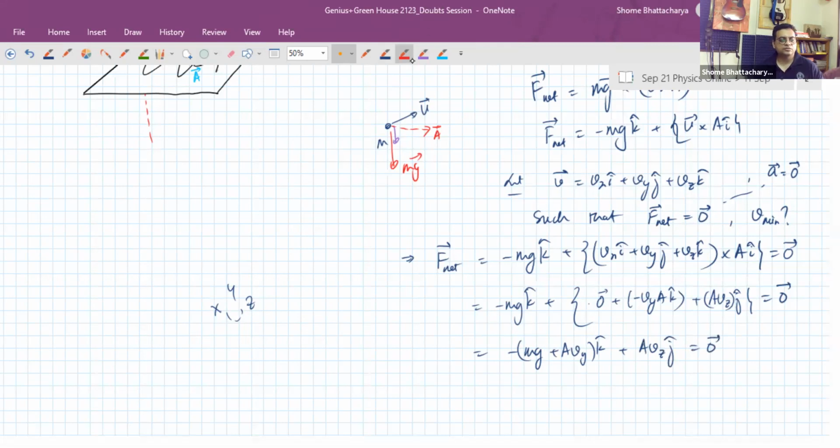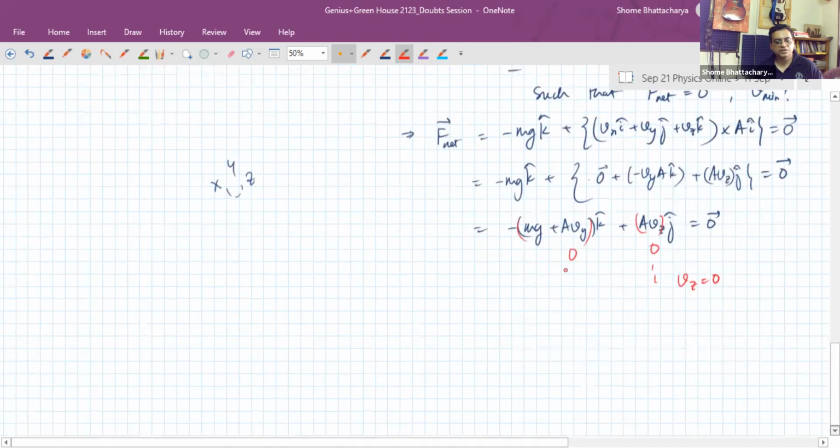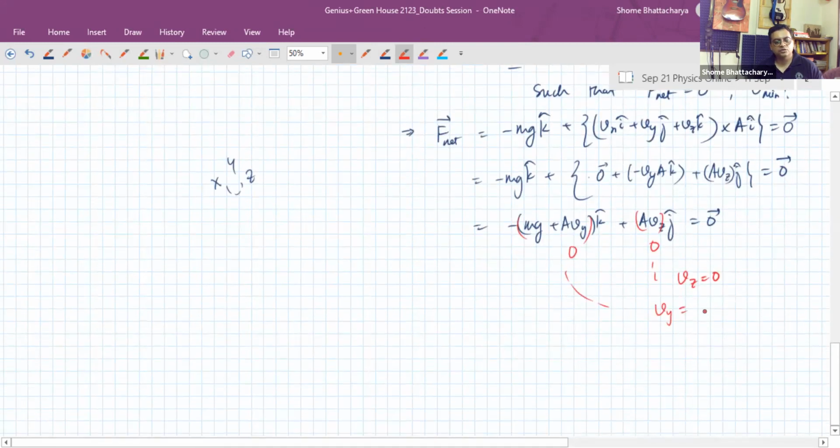This is zero only if both these components are zero. So this thing also has to be zero, and this thing also has to be zero. Compulsorily we must have the Z component zero, and compulsorily we must have the Y component be how much? Minus mg by A.